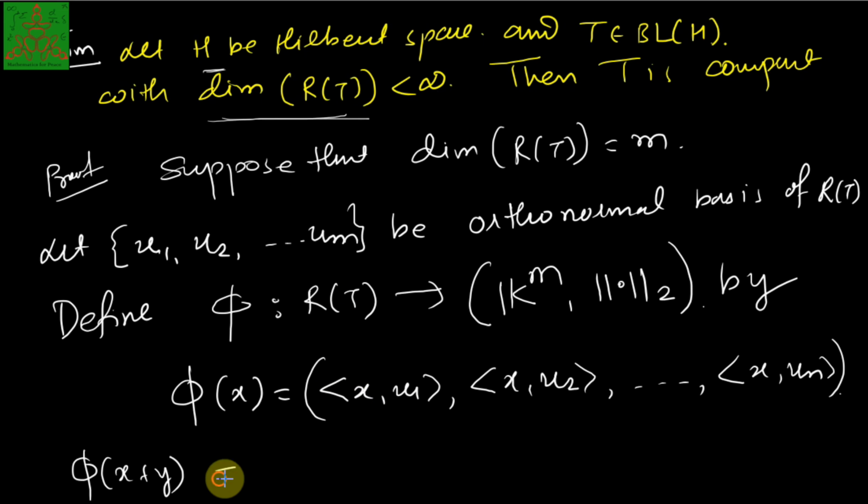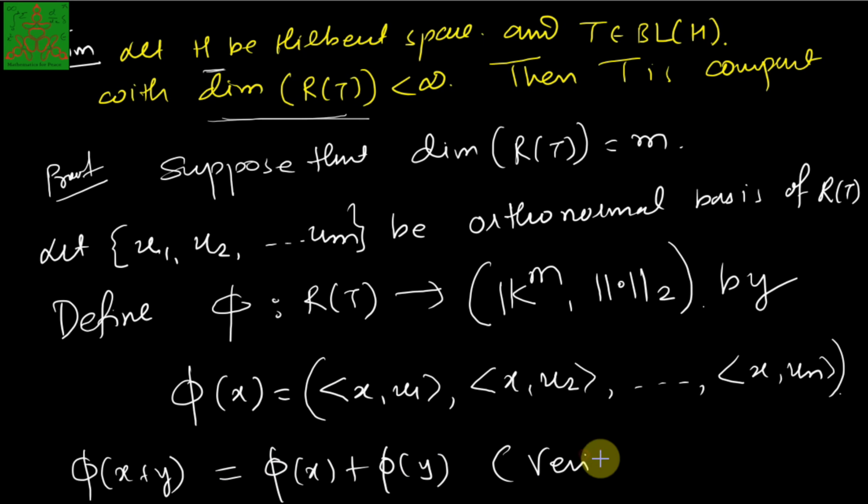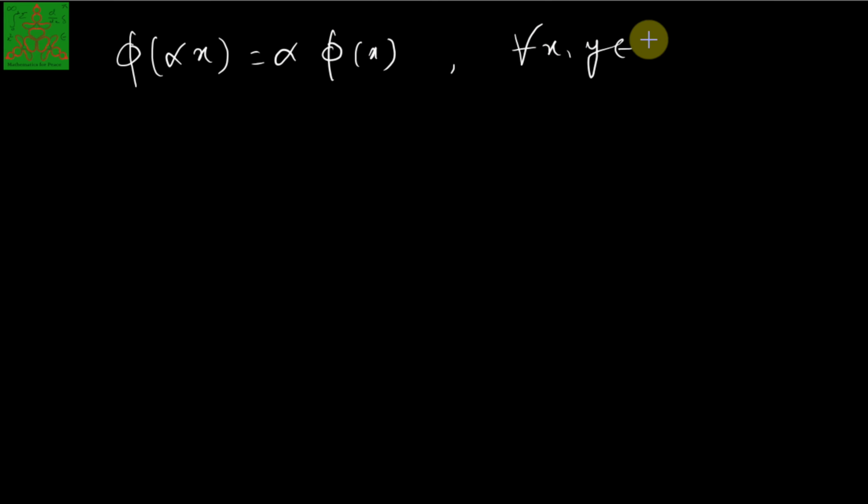So I can write phi of x plus phi of y. You can verify this. Also you can verify that phi of alpha x is alpha times phi of x, and both of these are true for every x, y belonging to the range space of T and alpha belonging to K. Therefore I can say that phi is a linear map.